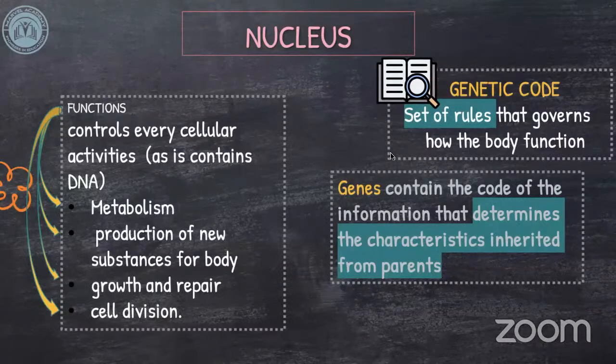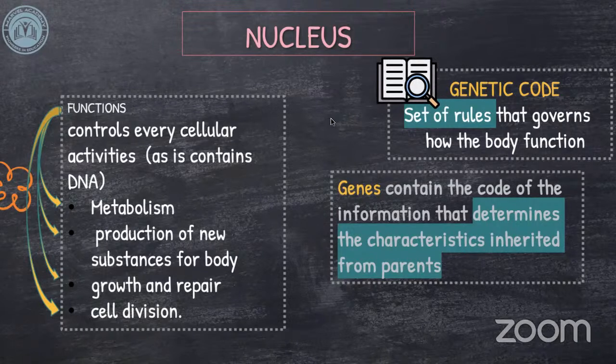Okay. So now the gene contains the code of the information that determines characteristics inherited from a parent. For example, if you take eye color, maybe this eye color was black and this was inherited from one parent.